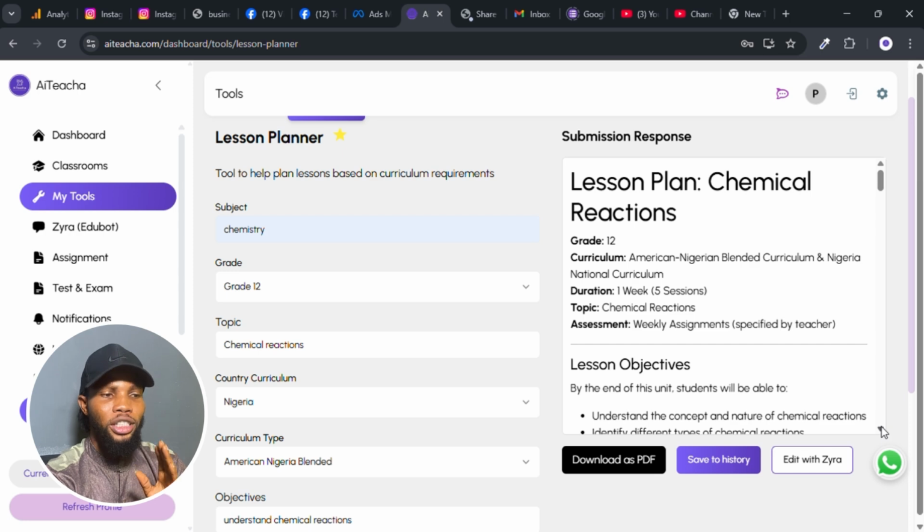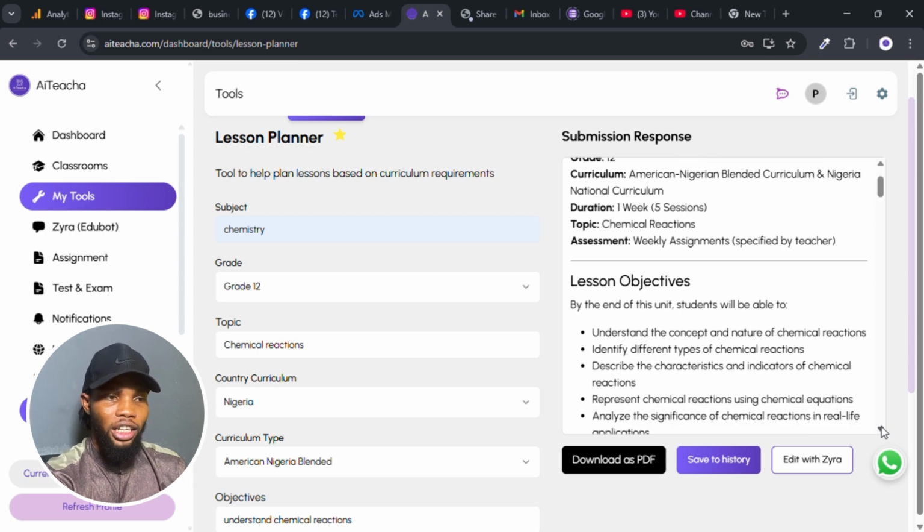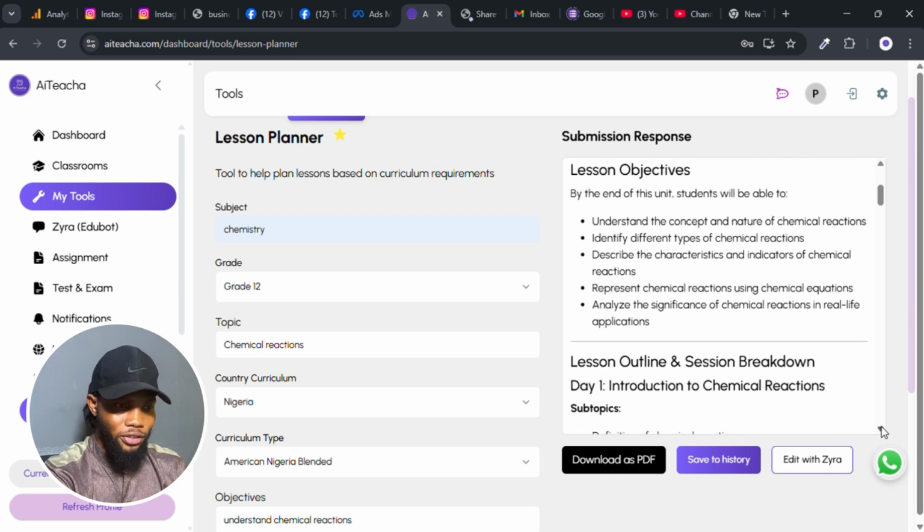That means you're taking this topic for 1 week and it's 5 sessions. Assessments: weekly assignments specified by the teacher. Lesson objective, it's there. By the end of this unit, students will be able to understand the concepts, identify different types, and so much more.